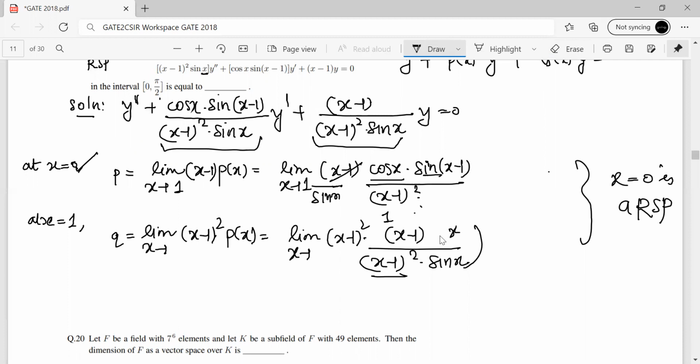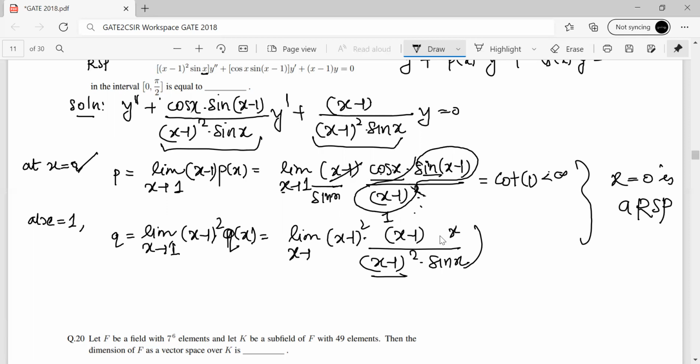So this x minus 1, this x minus 1 will get cancelled, and sine of (x minus 1) upon (x minus 1), as x tends to 1, this quantity becomes 1. So it is sine x over x, which will give me 1. And cos upon sine will give me cot. So it is simply cot 1, which is again finite. And now if you consider q, then limit x tends to 1, (x minus 1) square into q of x.